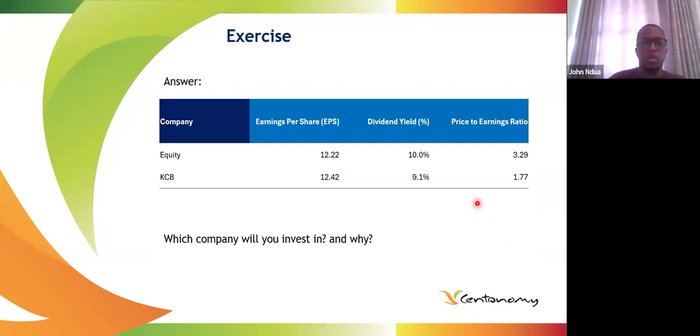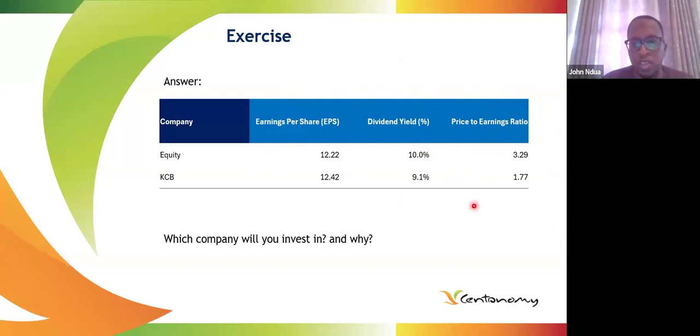So now the question will be, remember, earnings per share is a measure of profitability. Dividend yield is a measure of income. And price to earnings ratio is a measure of price. So you definitely want these two to be higher and this one to be lower. So based on that and looking at it individually, don't apply more weight to one.